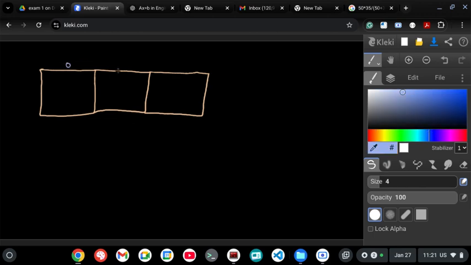Let's call this 0, 1, 2, 3, 4, 5, 6, 7, 8, and 9. So I have three loops made of three squares touching each other. So if I write the numbers, it is something like this. For this 0 to 9, that means there are 10 elements.